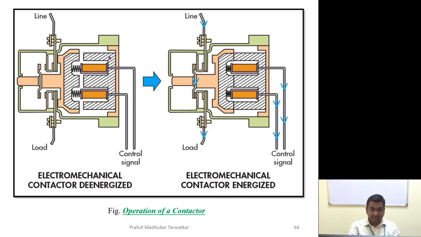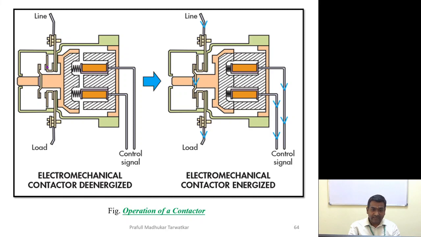This is open, de-energized. Now see these two contacts: fixed and movable contact. They have an air gap in between. So when the coil gets a current, what happens? When the coil gets energized, it attracts the plunger and then the contact gets closed.